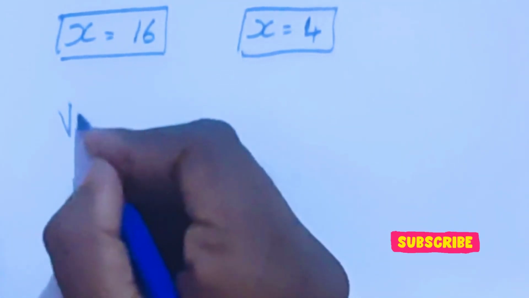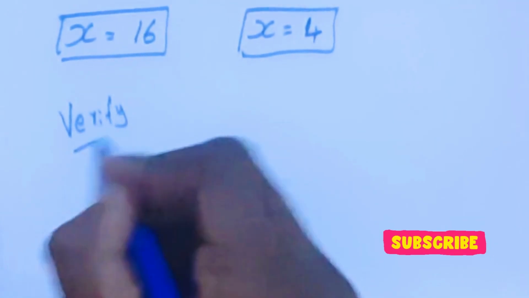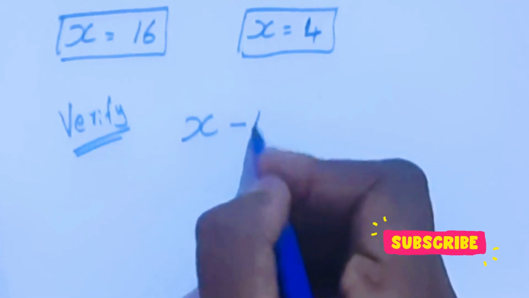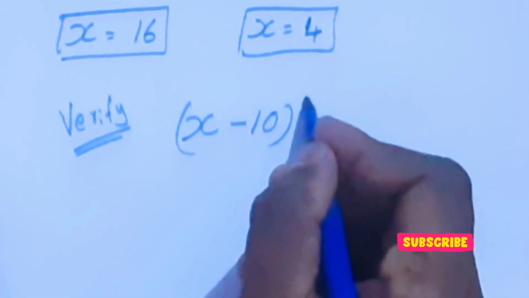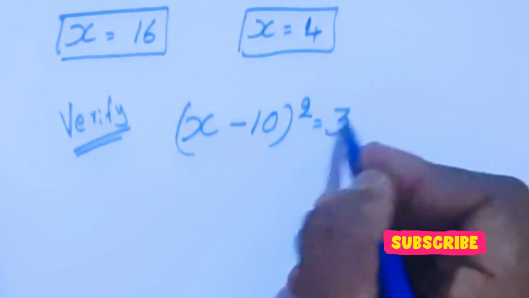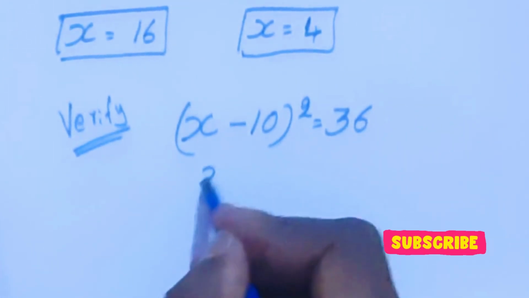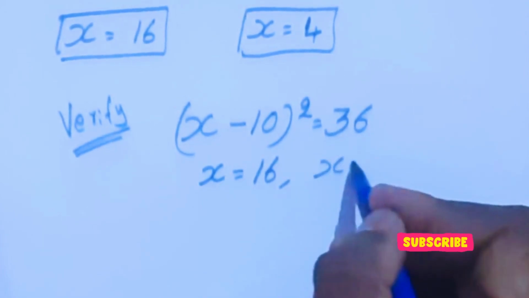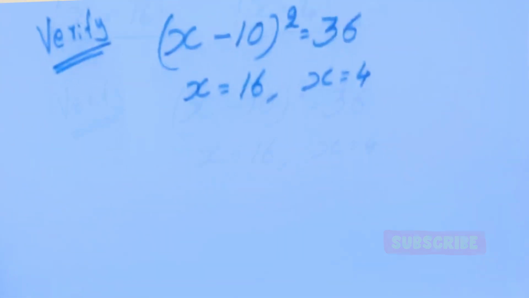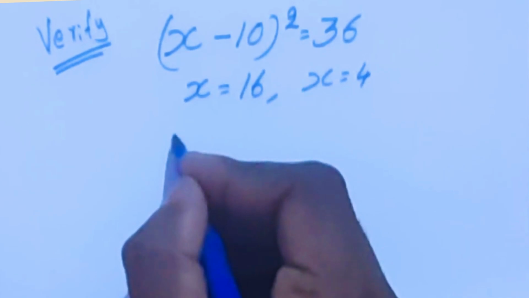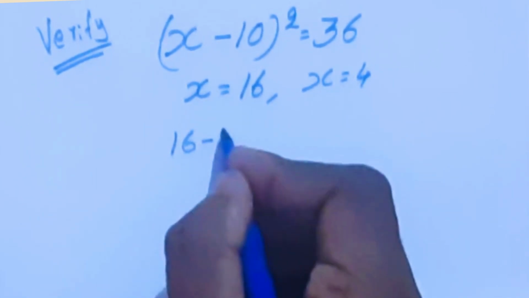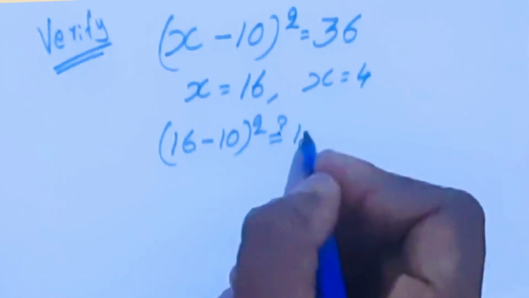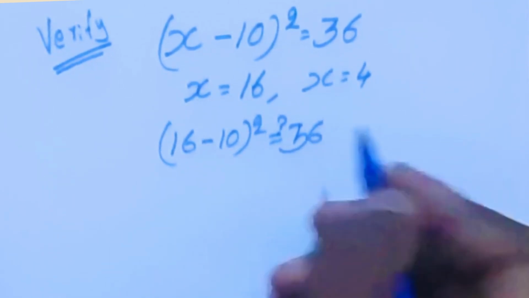Now we are going to verify this with the equation (x - 10)^2 = 36. Here x = 16, x = 4. Now applying this here, (16 - 10)^2 = 36.